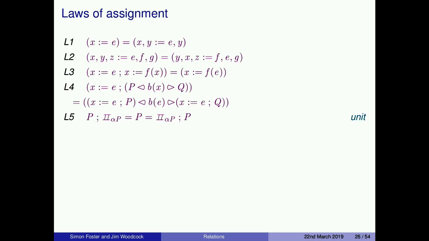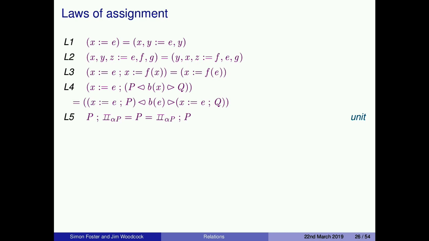We have similar laws for assignment. I'll again just pick one or two. If I have an assignment before a conditional that talks about X, then I can push that assignment through the conditional, provided I substitute X for the value that I assign to X. So you see this assignment ends up on both sides of the if-then-else branch.